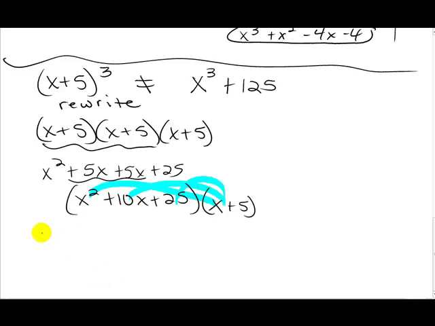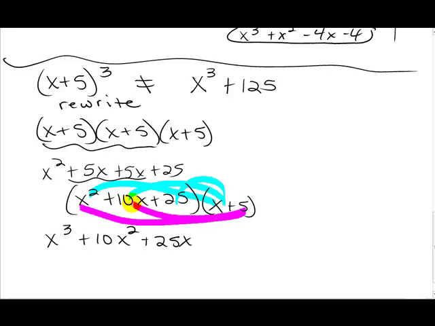So I'd have x cubed plus 10x squared plus 25x, and then I'll come through and do the 5 times everything. So 5x squared plus 50x plus 125, and we'll come through and put together like terms.